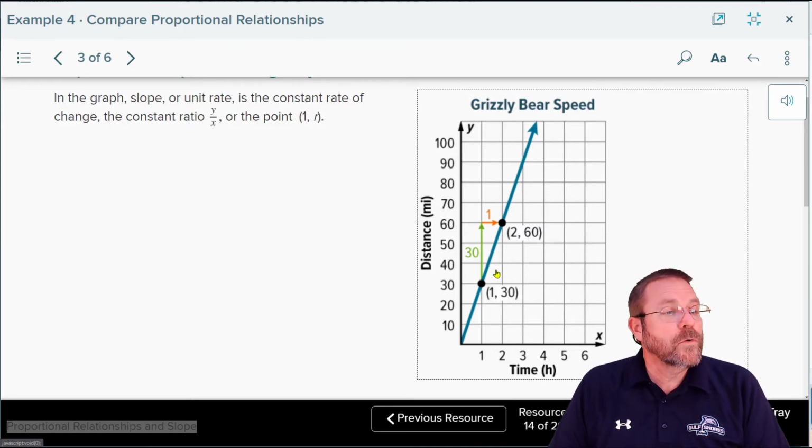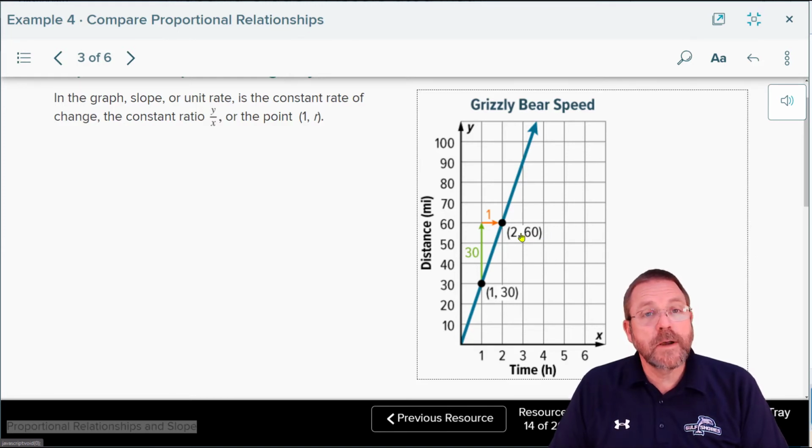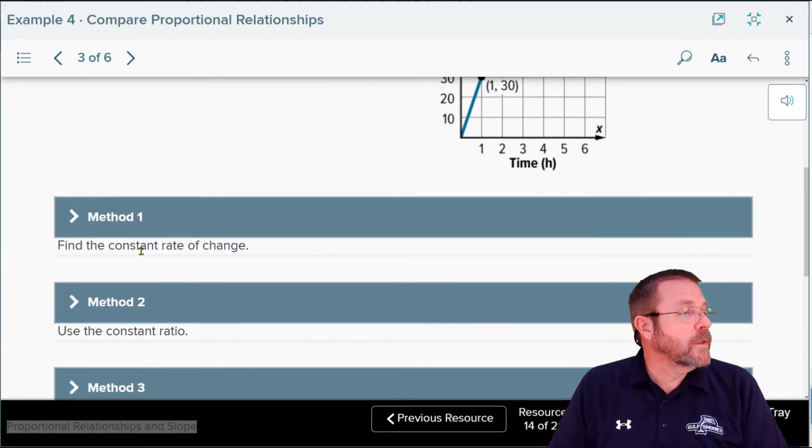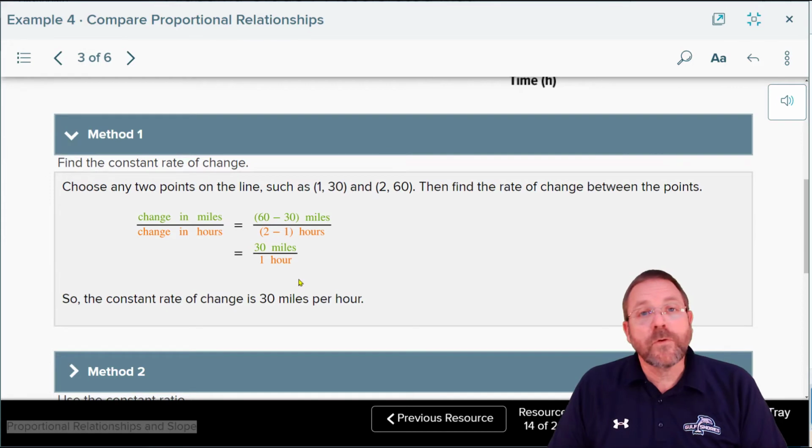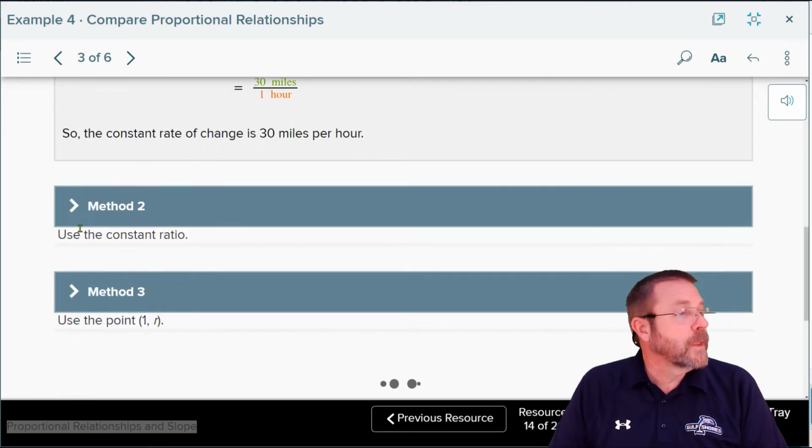Or you could do the rise over run, 30 divided by 1, or you could pick any 2 points, 60 divided by 2, that's going to be 30 again. Any way you look at it, you're going to find your constant rate of change, which gives you 30 miles per hour for the bear.